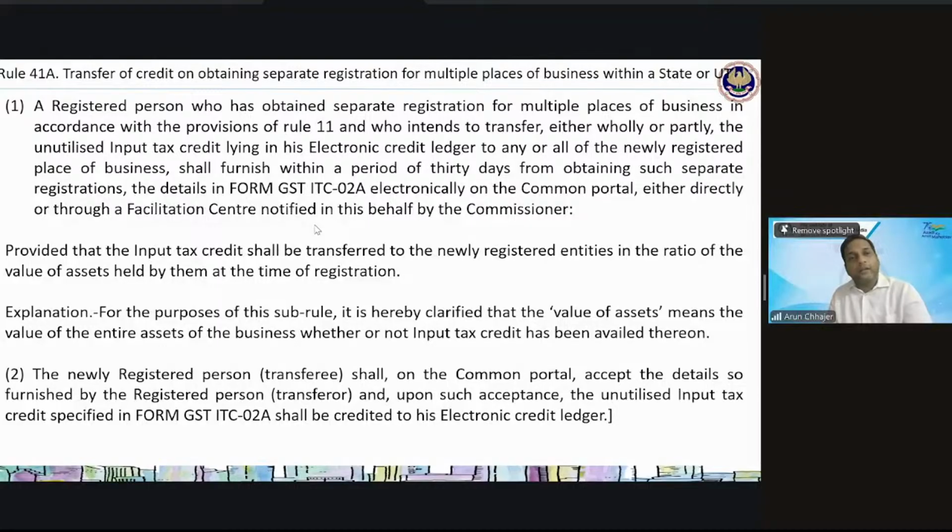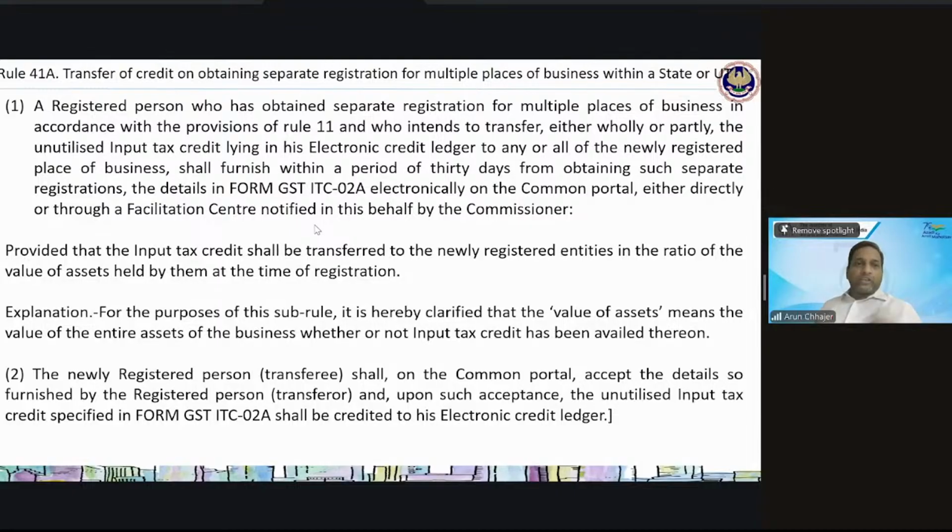Earlier, in July 2017, if I go back to see the provision, it was not permitted. It said that there has to be a different business vertical only, then only you would be eligible to take an additional new registration. But the concept of business vertical has been omitted from the law, and therefore, if a person would like to take a new registration, he can, even for an additional place of business for the same nature of business.